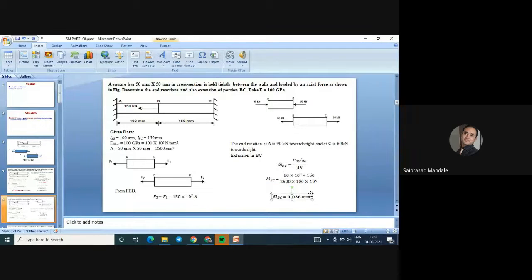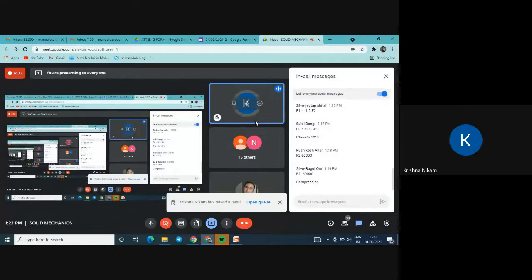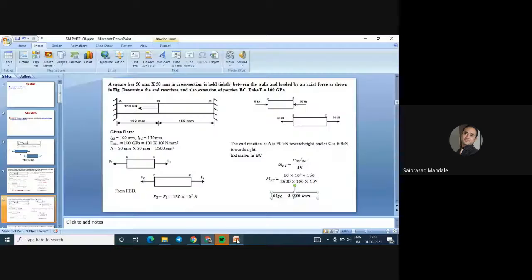Perfectly correct answer, Nilesh Kuwar, and somebody else. Who else gave the answer along with Nilesh Kuwar? Me, sir. Krishna. Okay, very good. Krishna, good. Very good. So the answer is delta L of BC is equal to 0.036 mm. Very good.